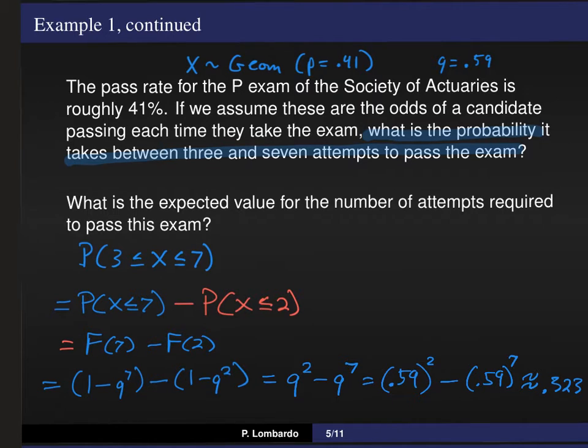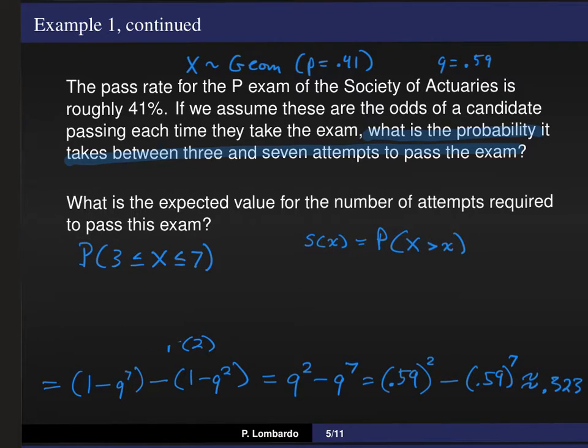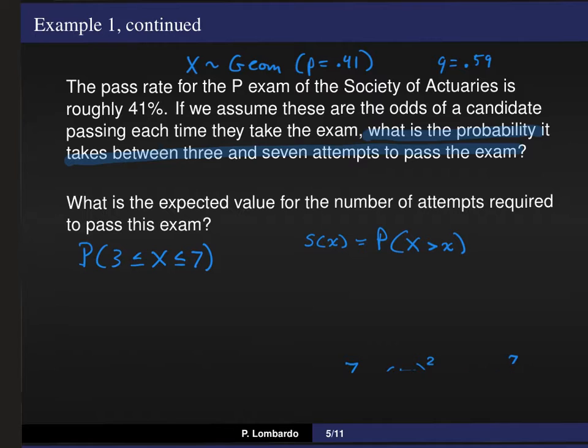All right, so this is one way to do this. You could also use your survival function. Remember that your survival function is the probability that your random variable is strictly greater than the input of that function. So if you decide to use the survival function, we're going to start by looking at this side first.